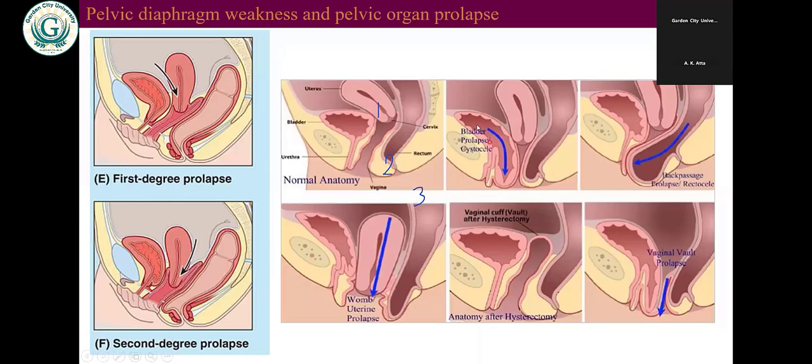So here you see the bladder falling into the anterior wall of the vagina. Then the rectum will fall into the posterior wall of the vagina. Then you have uterine prolapse, where the uterus will fall into the vagina. So you can have all these things happening as a result of weakness in the pelvic floor diaphragm.